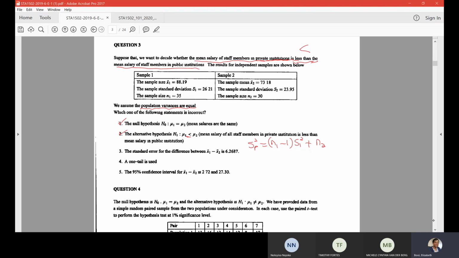So it will be n2 minus 1 times s squared 2, divided by n1 minus 1 plus n2 minus 1. You need to calculate that, and once you've calculated that, then you will calculate the square root of the pooled variance times 1 over n1 plus 1 over n2. So you will substitute that pooled variance value into this formula. Do you get the same answer? What is your answer?